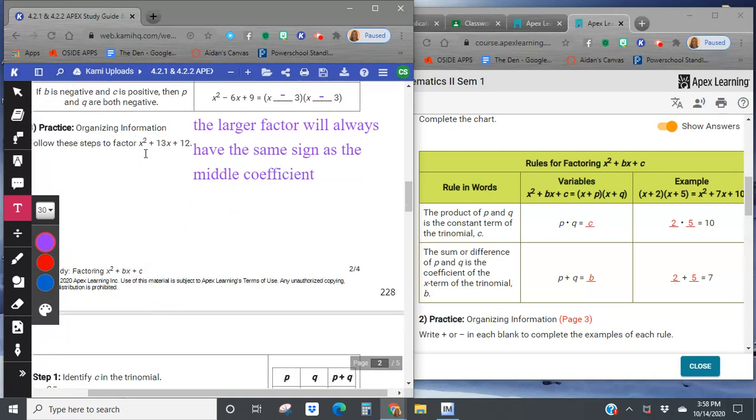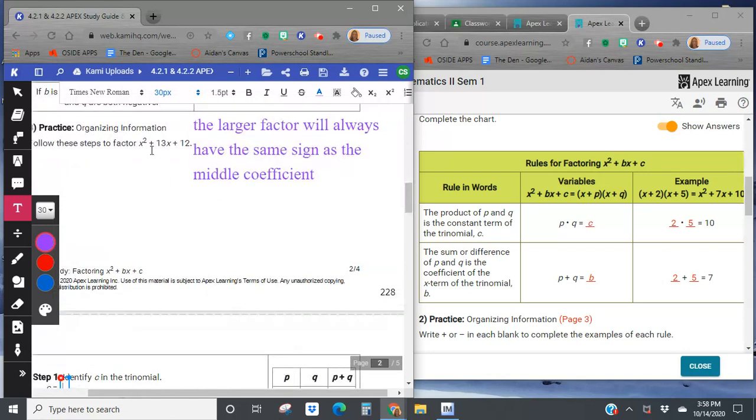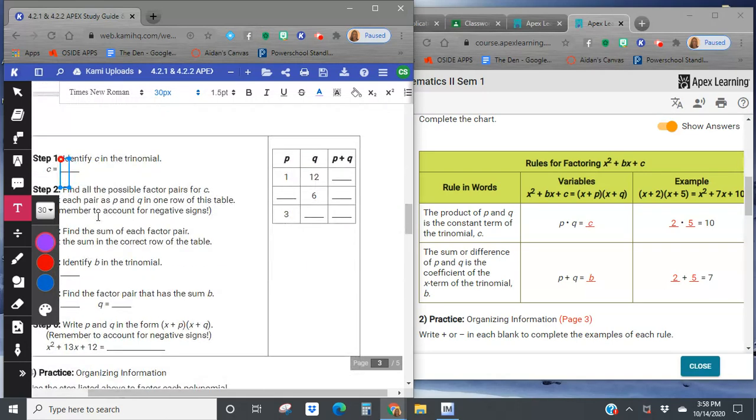Okay, now follow these steps in order to factor x squared plus 13x plus 12. So identify the c in the trinomial. So the c is plus 12, or positive 12. So now p times q and p plus q is what we're interested in.